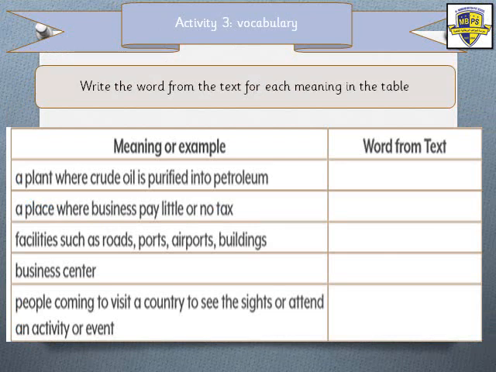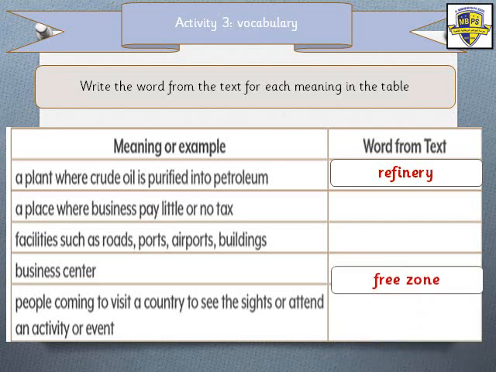And activity number 3, to check the vocabulary, write the word from the text for each meaning in the table. First one, a plant or a factory where crude oil is purified into petroleum. It's a refinery. Next, a place where businesses pay little or no tax.